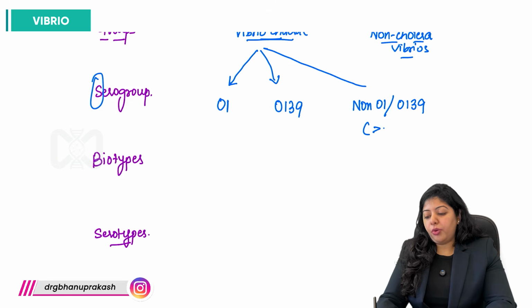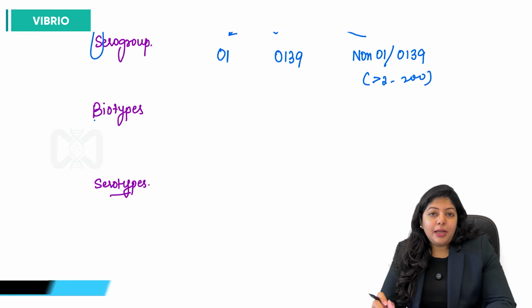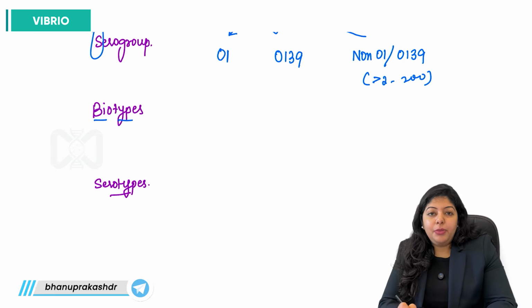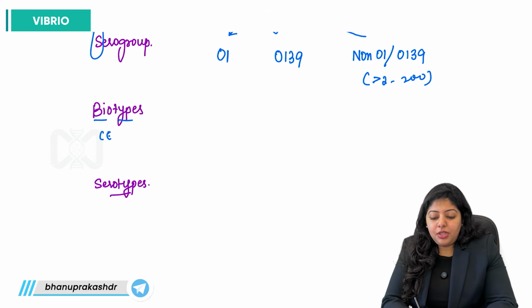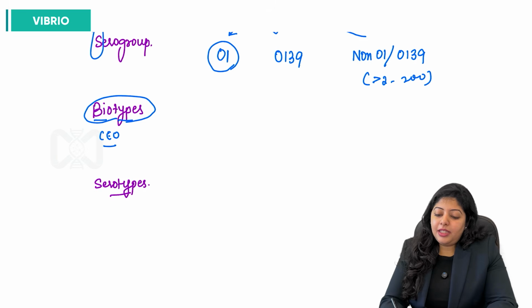These include more than 2 to around 200 serogroups, right? Now we said that Samsung company has one CEO. So in the biotype we write our designation, right? So CEO comes here. What is the biotype for that? 1 CEO.